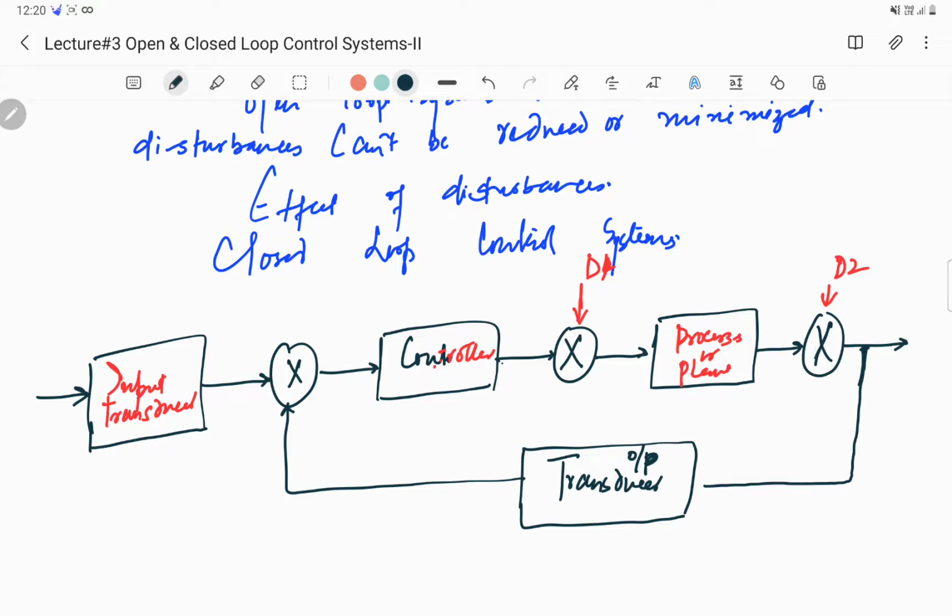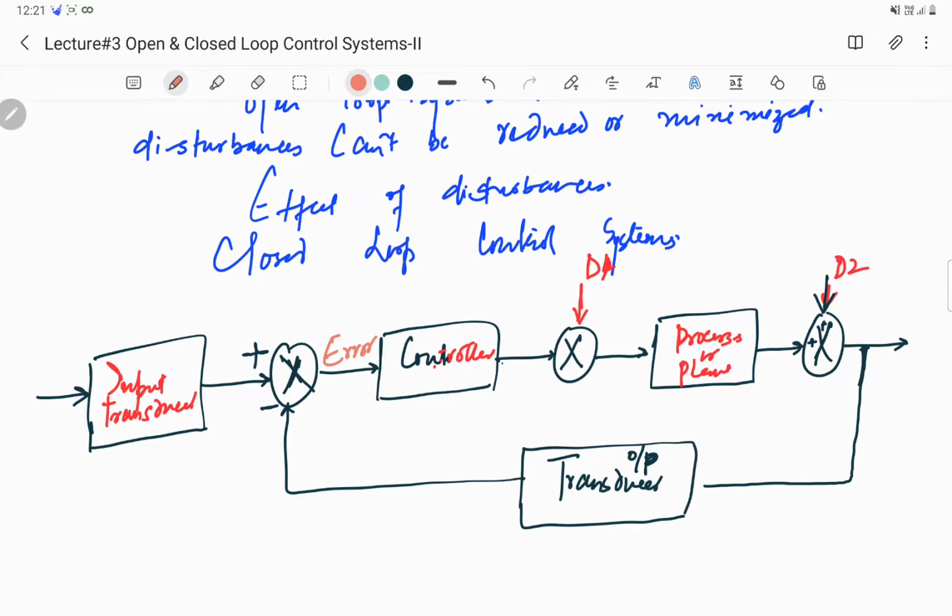So this is a summing junction here, to which some noise T2 gets added. Plus plus, that means these two signals get added. We have a plus here and a minus from this side, so that these two get subtracted. The difference between the two signals is called an error, so this results in the creation of an error.